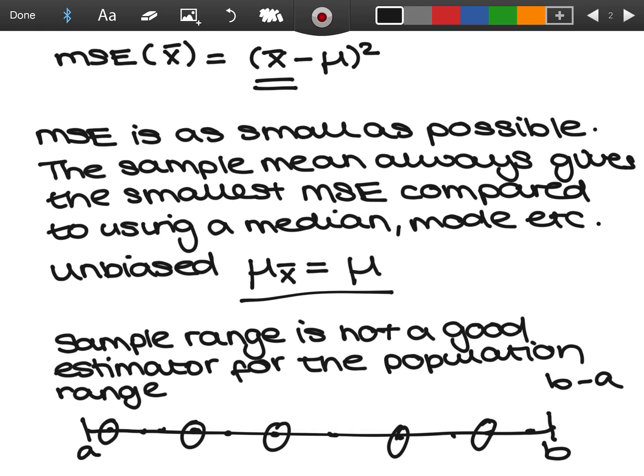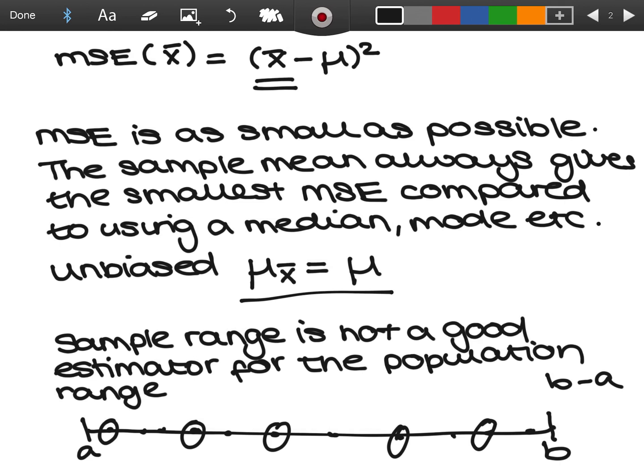You're never really going to get it large enough that it's going to equal or be very close to that population range. So the sample range is not a good estimator for the population range, just because the range isn't a centralized value. The range just gives you largest minus smallest, and whatever sample you took could be representative, but the largest value in the sample minus the smallest value in the sample will always be smaller than the population range unless it includes the two endpoints.